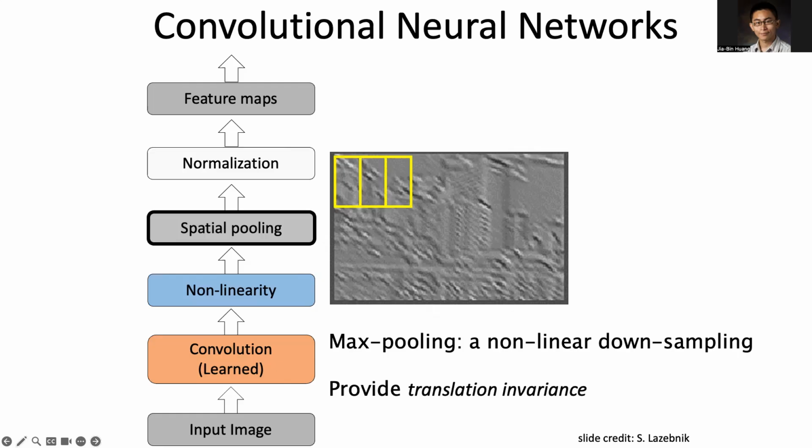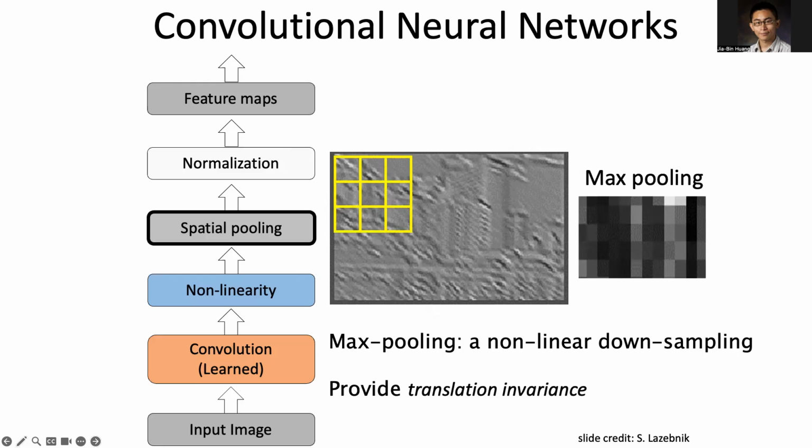The basic idea is that you take these regions, and you only compute the maximum of that region. Then you get something that's smaller resolution. This has a property that even if you shift the image a little bit, the response will still be the same, because for a local region, if you take the max, the max value will not change even if your input is slightly shifted.